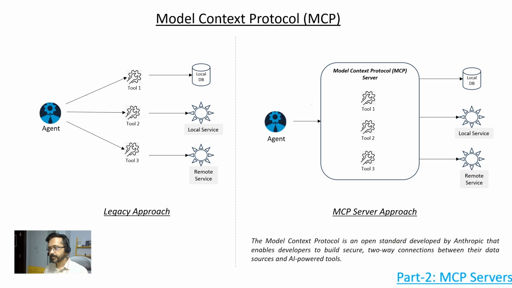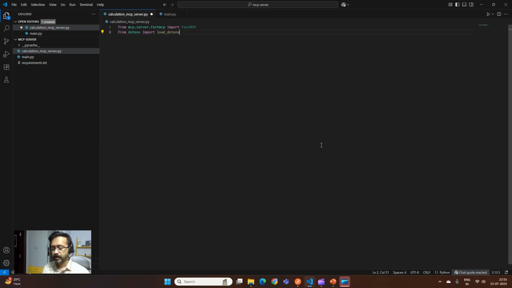So without talking too much here, let's do the actual implementation. First, I'm having these import statements. The very first is mcp.server.fastmcp. Just for your information, as you see here, we are going to use FastMCP.